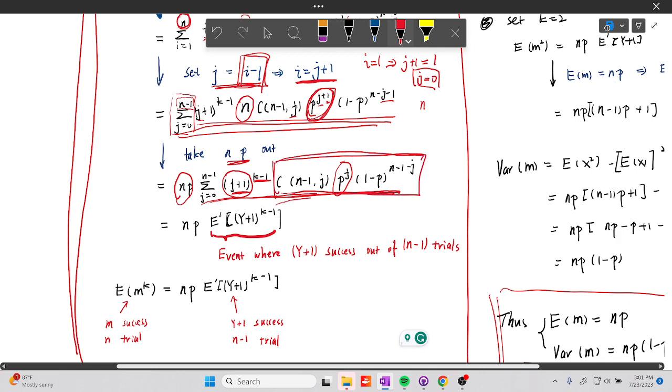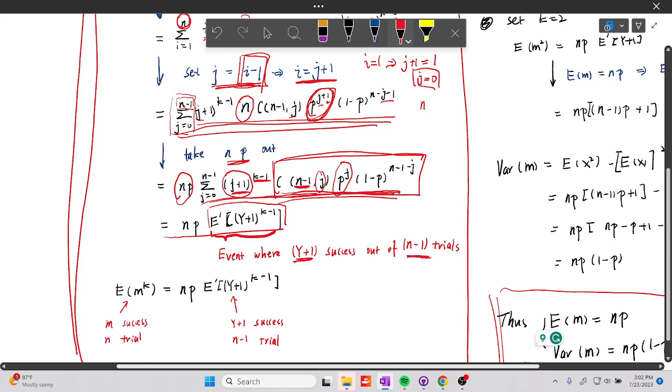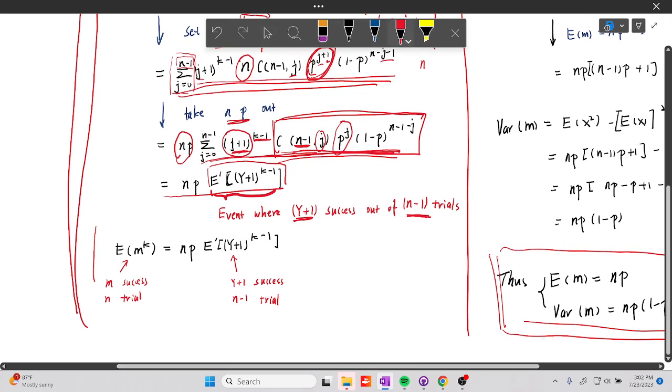Pretty much it is success j times with n minus 1 experiments. So this can be E prime, meaning the event of j plus 1 successes out of n minus 1 trials. So that's what we have.